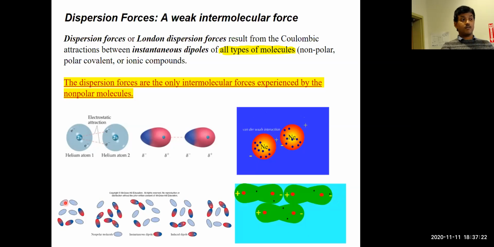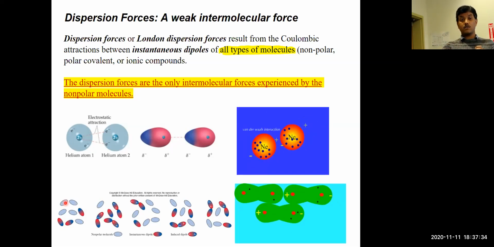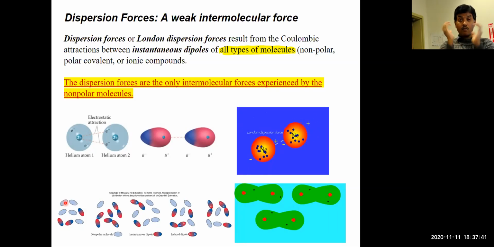Again, this is another example of the same thing. Electrons are continuously moving. As a result, they are creating these partial instantaneous positive and negative dipoles. So a negative dipole is attracting another molecule's positive dipole. As a result, they all stay near each other. Now, it is very important for molecules to stay near each other to have this stability.